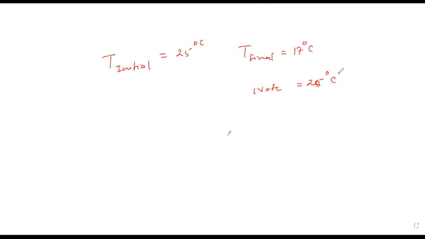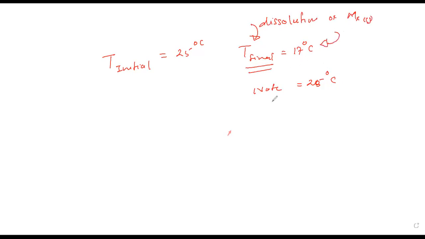Madam, what is that? 25 is the initial one. Yes. Again, final is 17. Not final, means what? Once you add, after addition of dissolution of MX, madam, then gradient will go down.